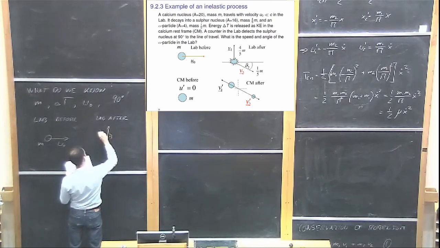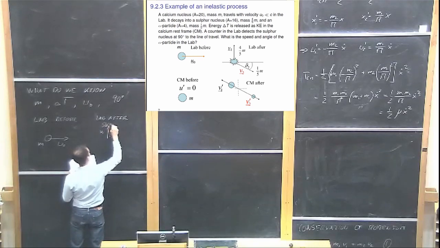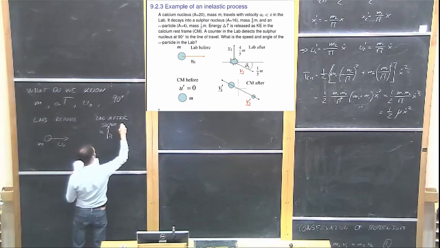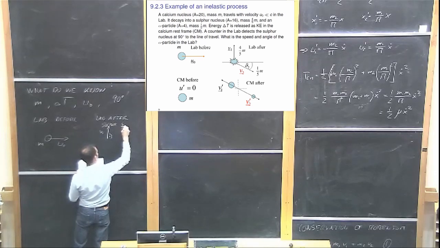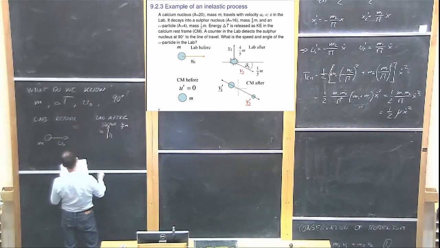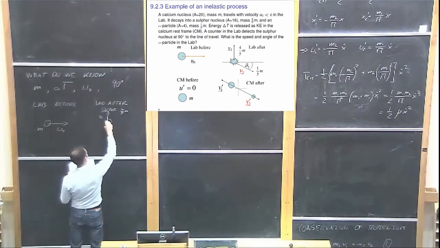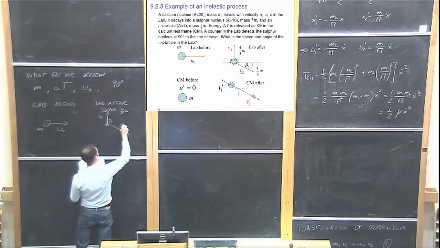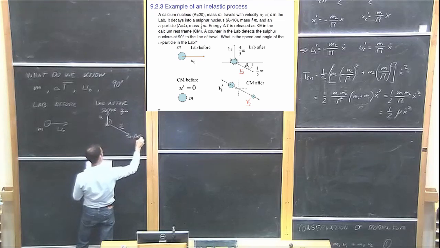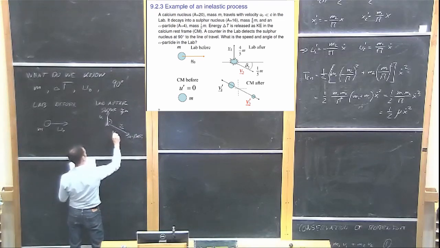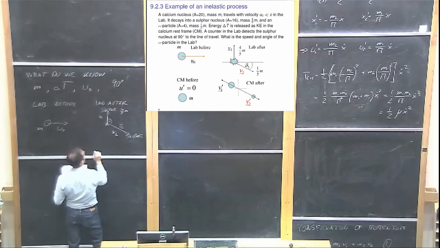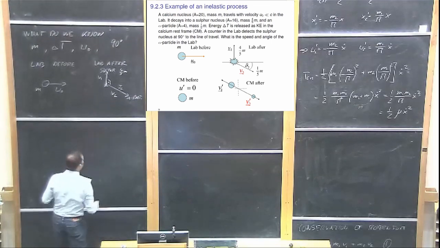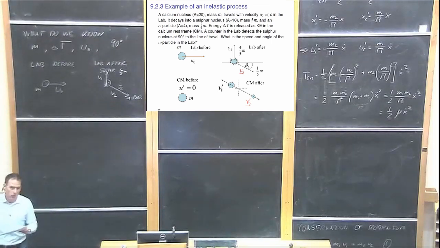That's our sulfur particle with V1, at 4/5 m. Kind of explosion or whatever you would like to visualize that. And we've got theta 2, we've got the alpha particle going at a velocity v2. So this is what we in the lab observe.